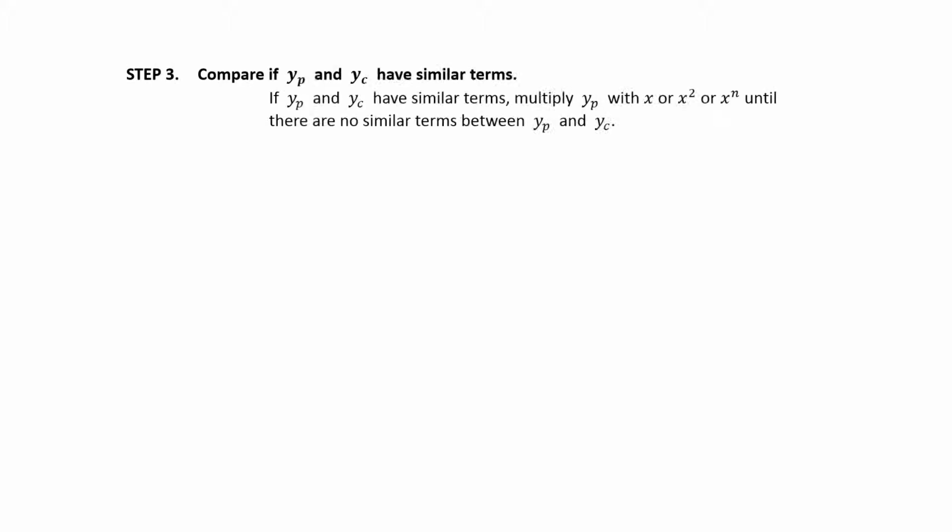Now, next step is you compare y_p and y_c. If they have similar terms, you will have to multiply y_p by x, or x squared, or until x to the n, until there are no similar terms between y_p and y_c.